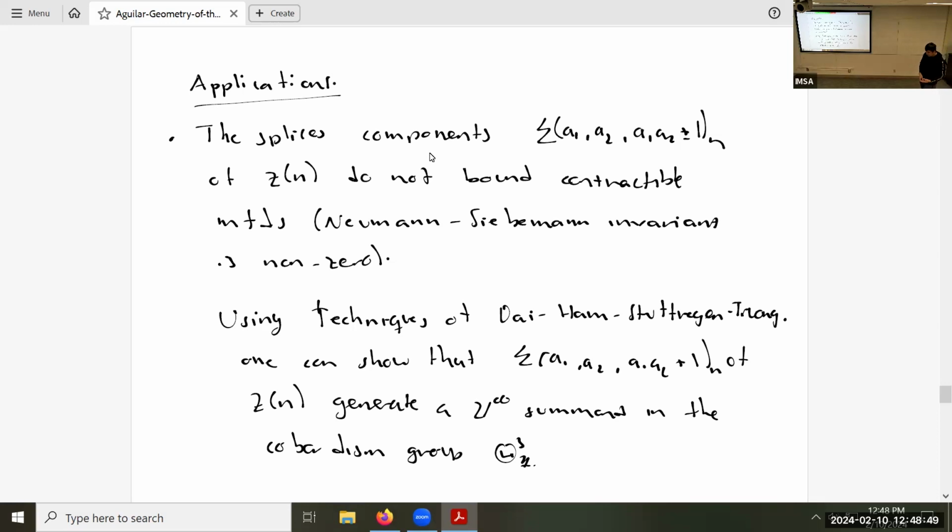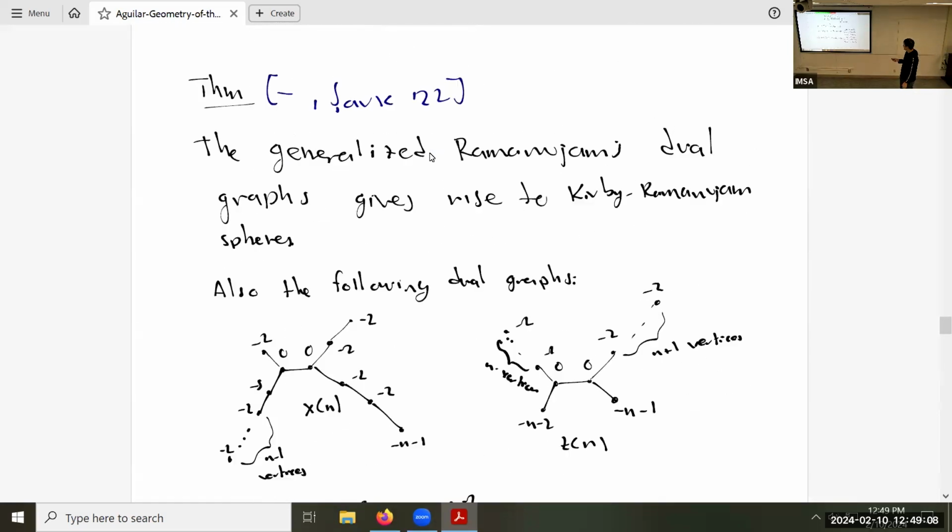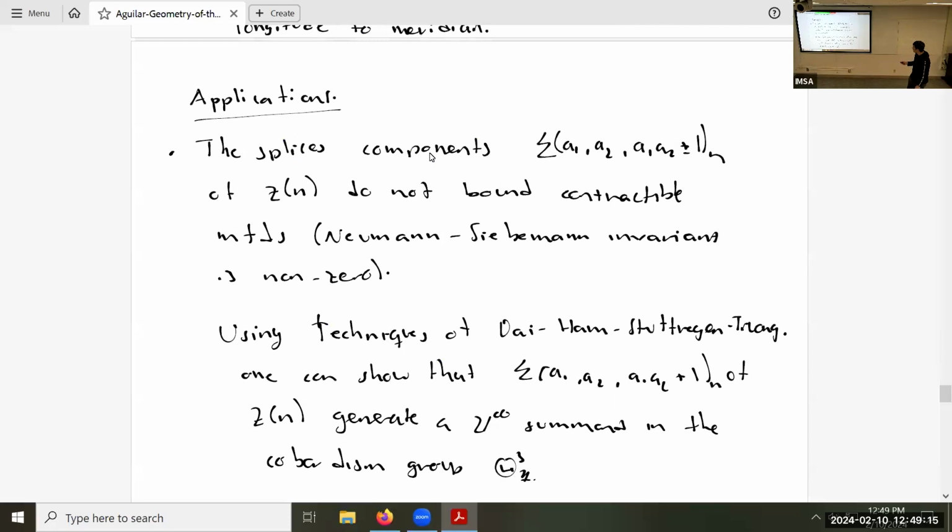But actually, the first application that we can have of this went in the other direction. So Oğuz found that the splice component of this set N, the homology sphere that I showed you here, this one, if you can splice it here and you can splice it here, they do not bound contractible manifolds.